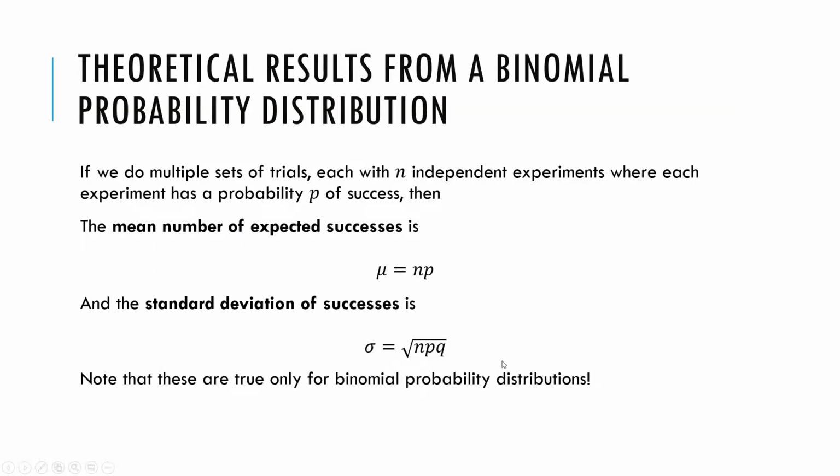And the standard deviation, the amount of variation we can expect across multiple sets of experiments, can be found as the square root of npq. We will use that later on, so hold on to that. But don't marry it. Don't stake everything on it. It's only true for binomial distributions.